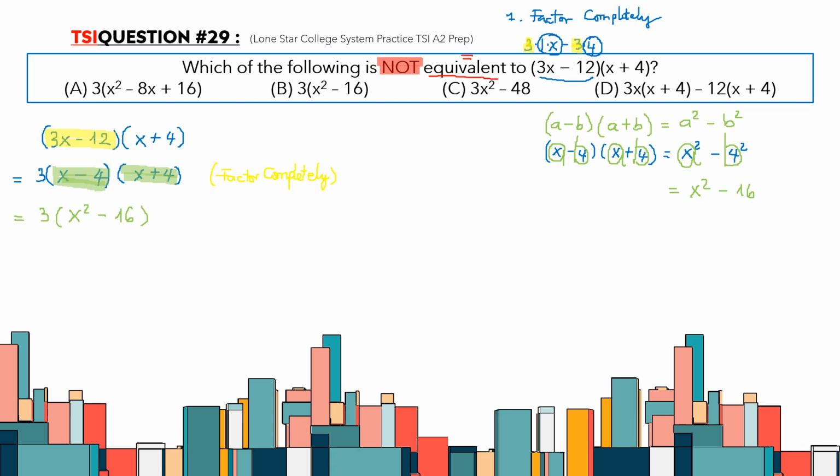So we find out that B right here is the same thing. So this one is the same. So we say it's equivalent. But we try to find the one that is not. So when it is equivalent to the given expression, we're not choosing it.